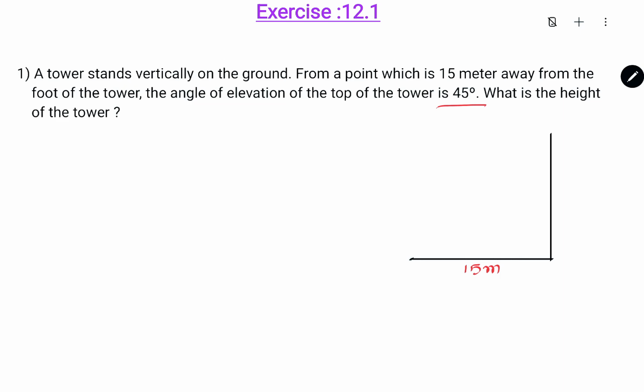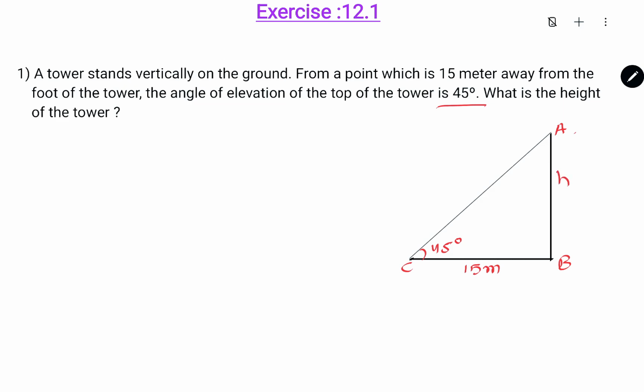Draw one line from here to here. Here the angle of elevation is 45 degrees. Let the vertices be A, B, C. Here we should find the height of the tower AB. We assume this is H.